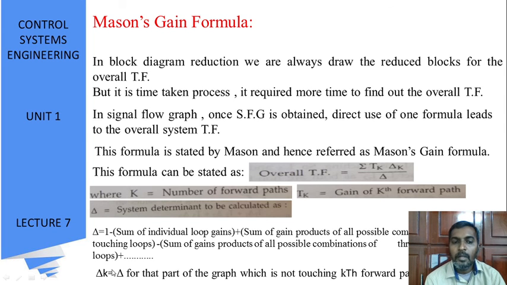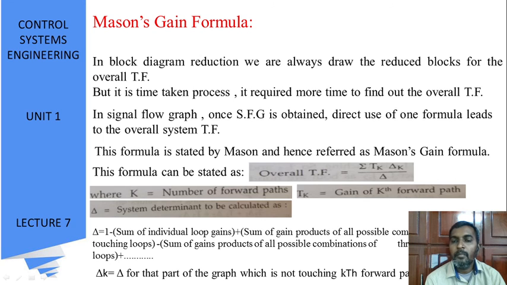Delta K is the delta for that part of the graph which is not touching the kth forward path. We need to find out this delta.